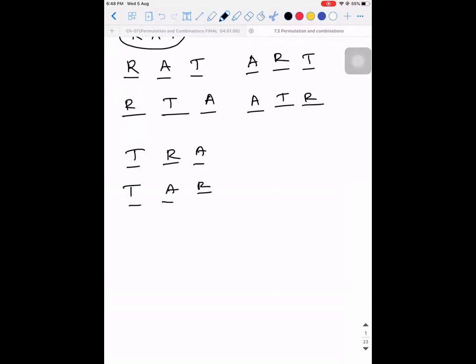So how many rearrangements did you do? You totally got 6 words. 6 in terms of factorial is nothing but 3 factorial. Am I right? Are you guys able to understand this point? Yes, right. So you can arrange 3 letters among themselves in 3 factorial ways.